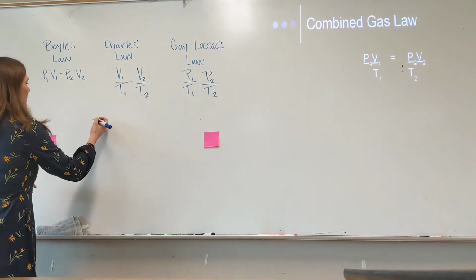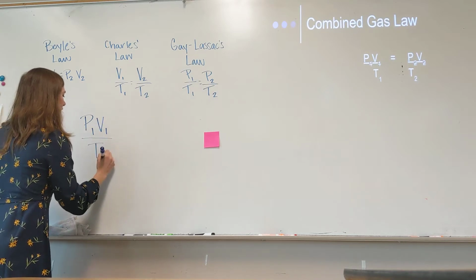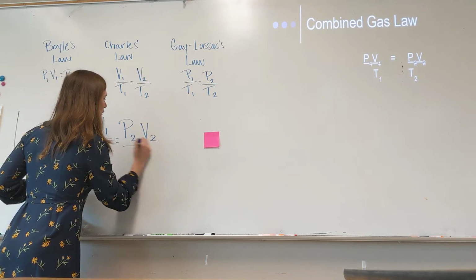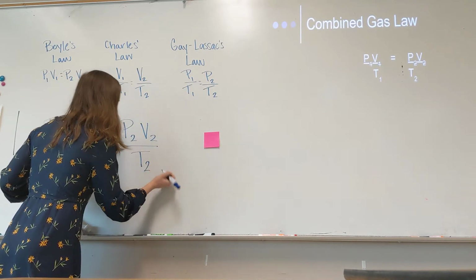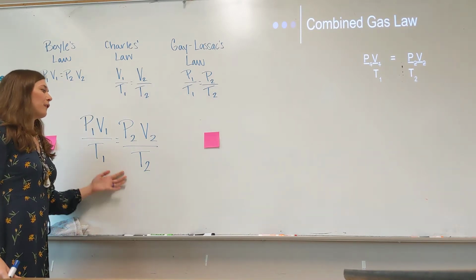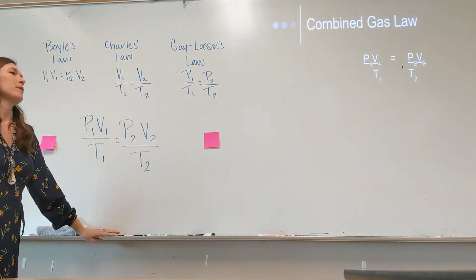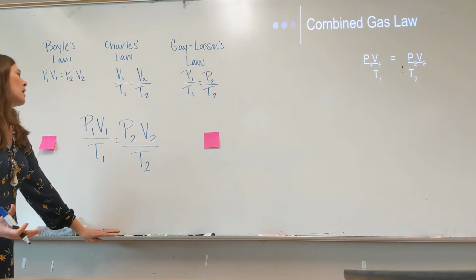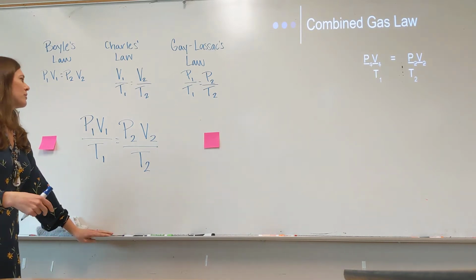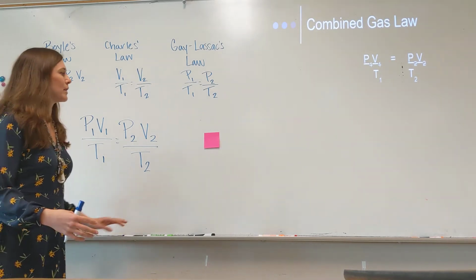So if I have the combined gas law, P1 V1 over T1 is equal to P2 V2 over T2, and you find this in your reference packet, and you know that your problem has pressure, it's got two pressures, it's got a volume, and I'm solving for another volume, but I don't know which equation to use.